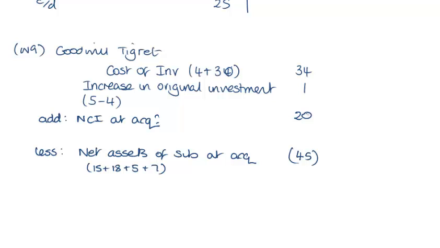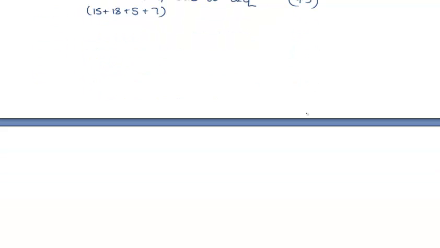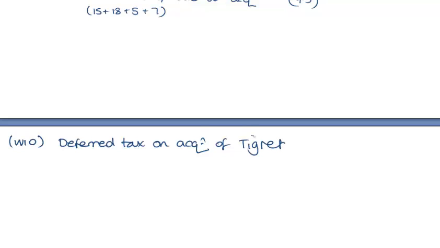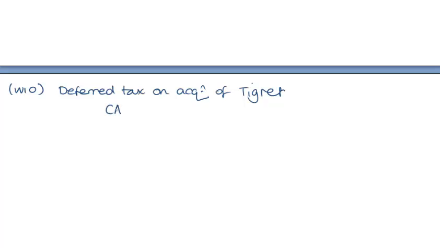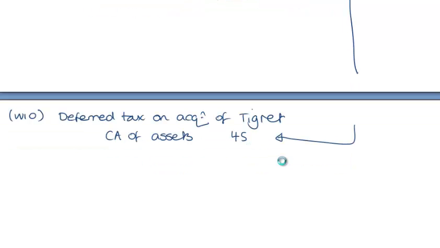Now there's a really good case for saying, whoa, this is far too silly for me, I'm going to ignore it. But if you want to nerd out, we've got the deferred tax on the acquisition of Tigray. The carrying amount of the assets we've just established up here is 45.